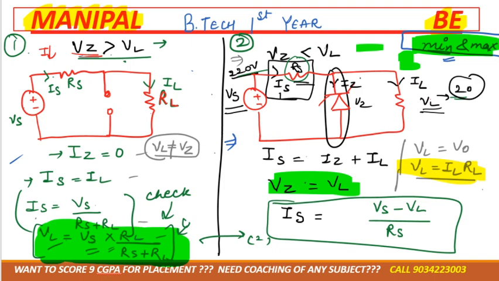If every value is given, then we have to use this condition. If any value is missing, then every time you need to use the second one. So whenever you feel confused about which condition to use, go for the second condition. Okay, 80% of the time Manipal gives you the question of minimum and maximum, so in that case you have to use the second condition.